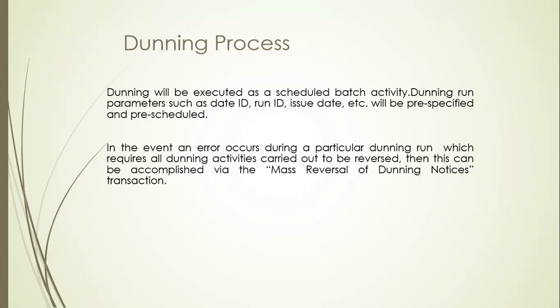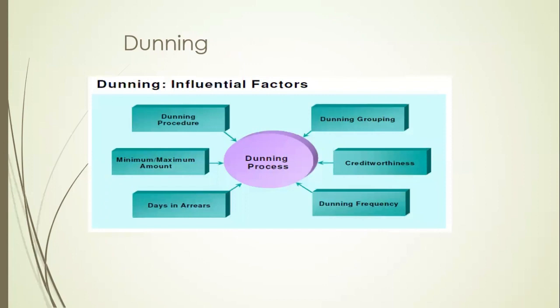Okay. But if you wrongly did some dunning and the payment came, you get that result. Similarly, the mass reversal is also done for the dunning. Reversals, so I'm just stopping the dunning and putting them into the right process.